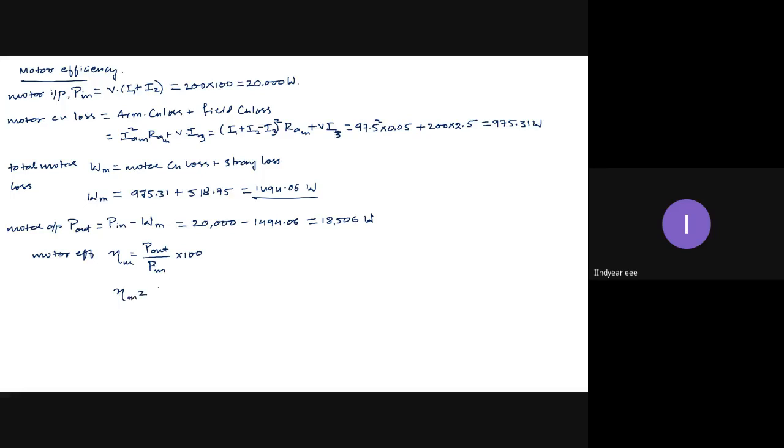So motor efficiency is equal to 18,506 divided by 20,000, which is 92.53 percent. Okay, so this is motor efficiency.